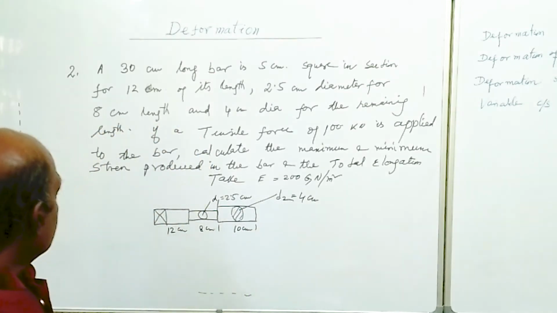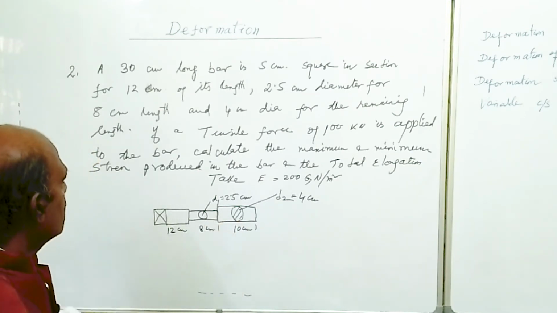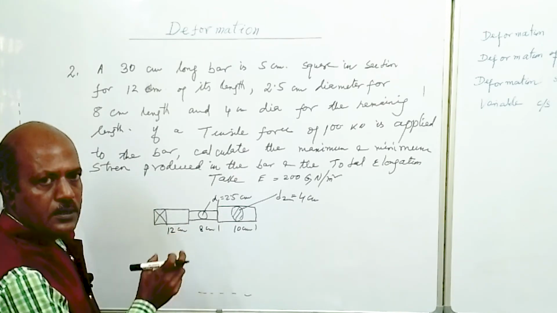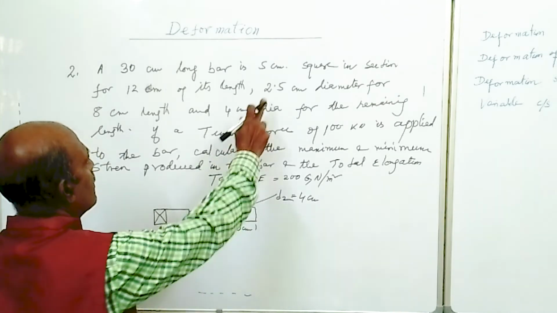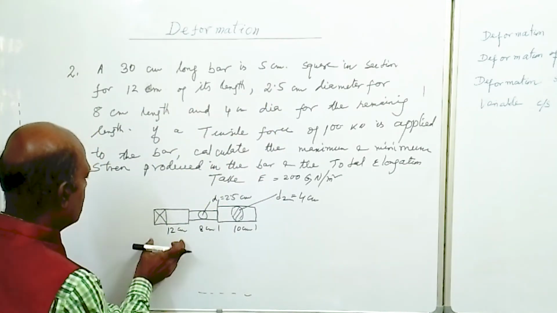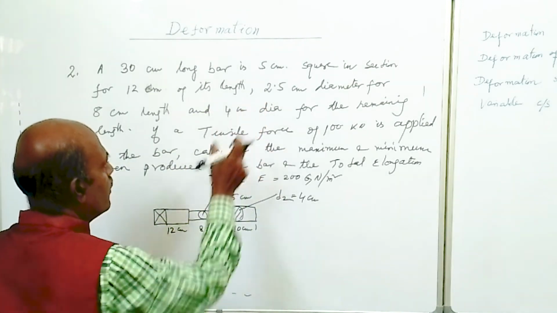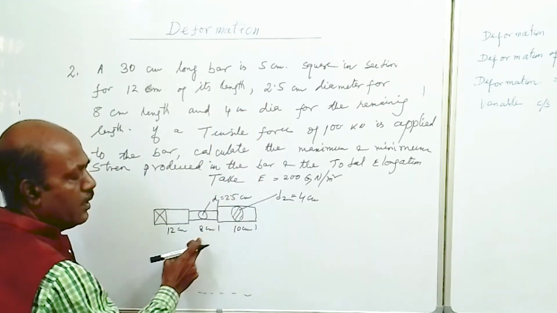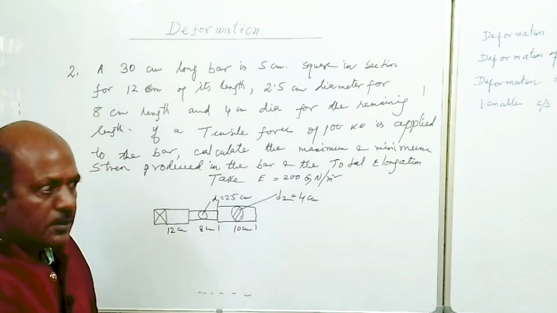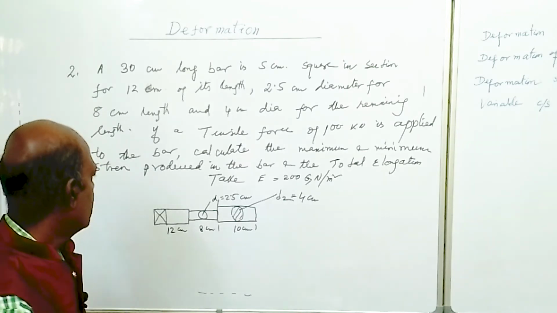So 12 plus 8 plus 10 is 30 centimeter. The first section is a square cross section, 5 centimeter square, of length 12 centimeter. The second section is of 2.5 centimeter diameter and length 8 centimeter, and the third section is of length 10 centimeter and diameter 4 centimeter.